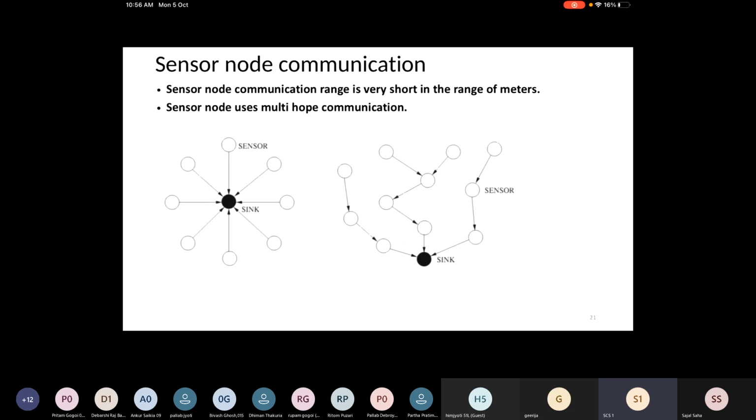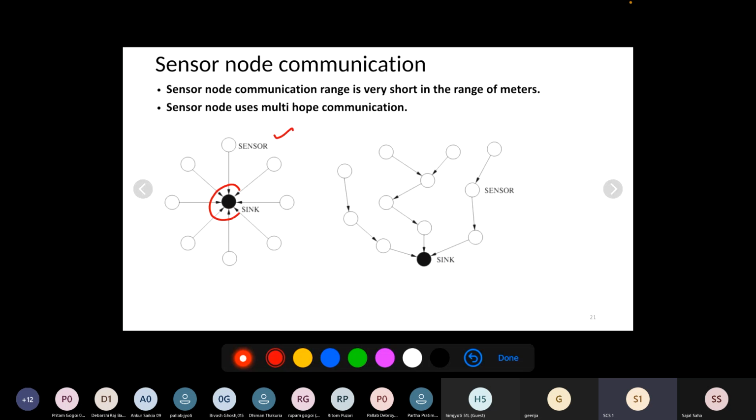Either all the sensor nodes will be there with a single sink, and all the sensor nodes will directly communicate with the single sink and send the data to the sink. In this concept there are multiple sources sending sensor data to a single sink, and the sink will accumulate all the data of all the sources and then pass it to the server for our analysis.